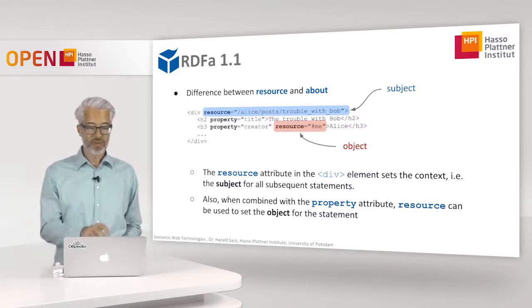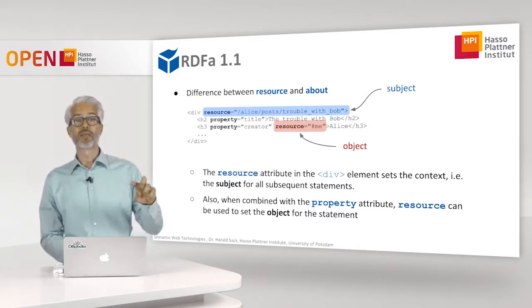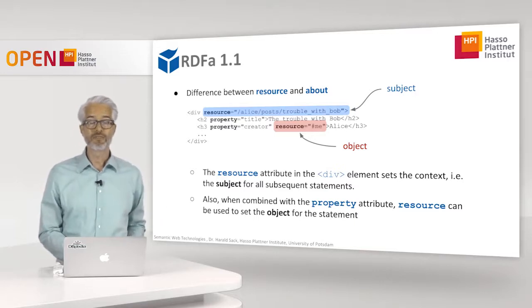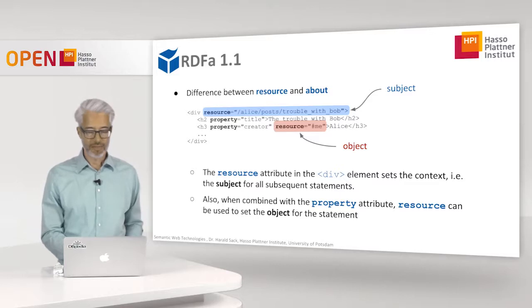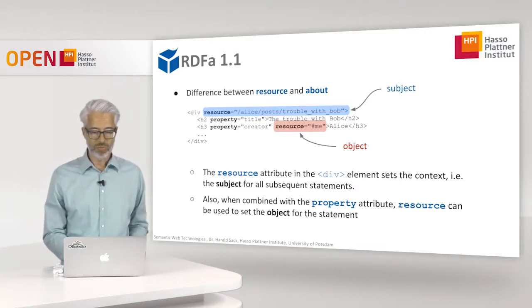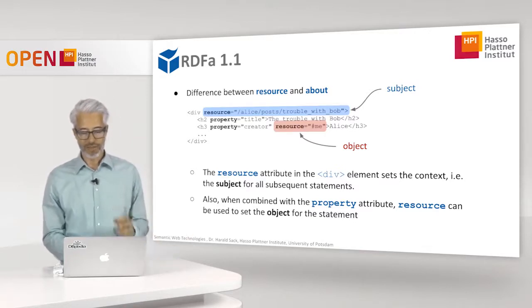And therefore, for that resource, then within the div tag block, I define certain properties which then in the end define triple statements, RDF triple statements. So for example, I define that this subject has the property title, which is Trouble with Bob, and it has a creator, which is Alice.